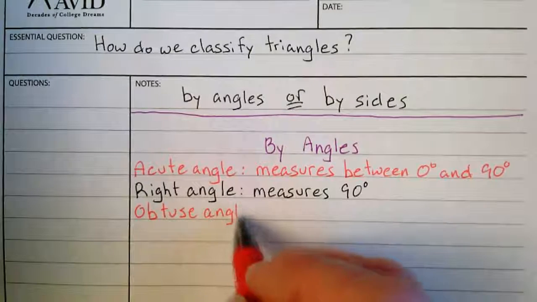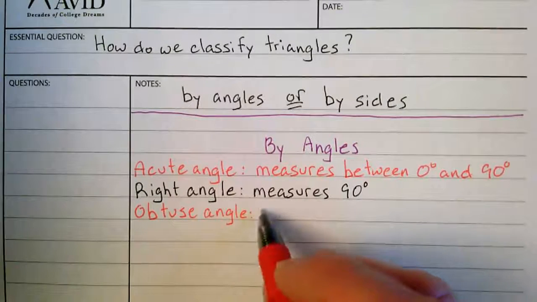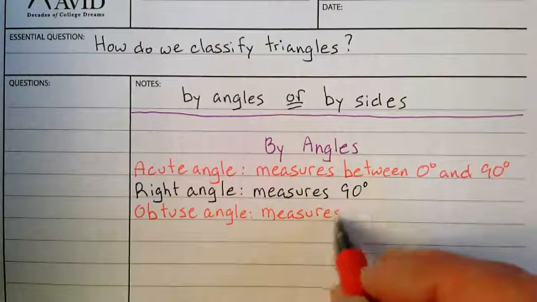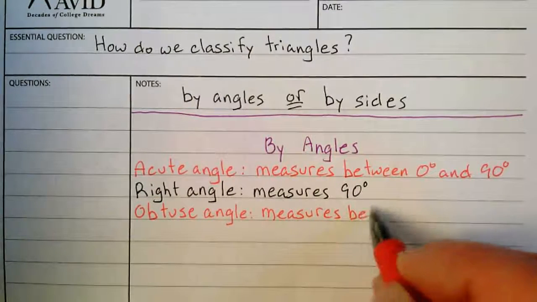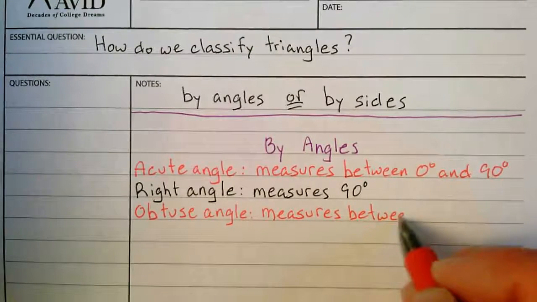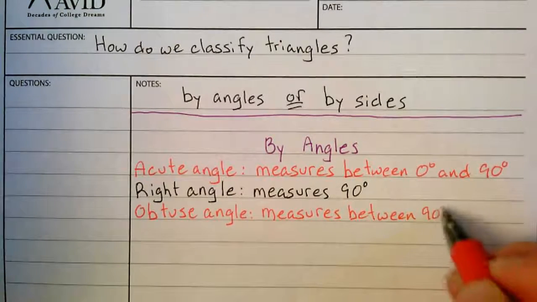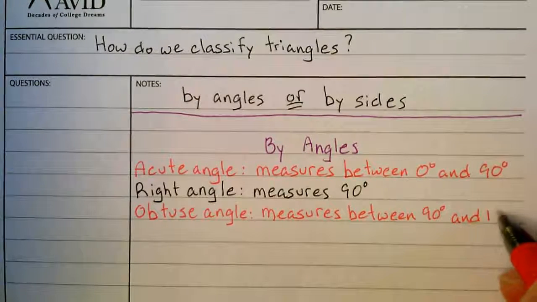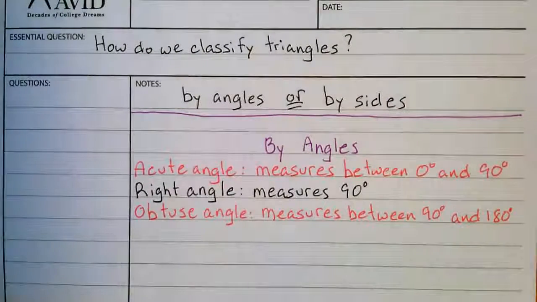and an obtuse angle measures between 90 and 180 degrees. Right.